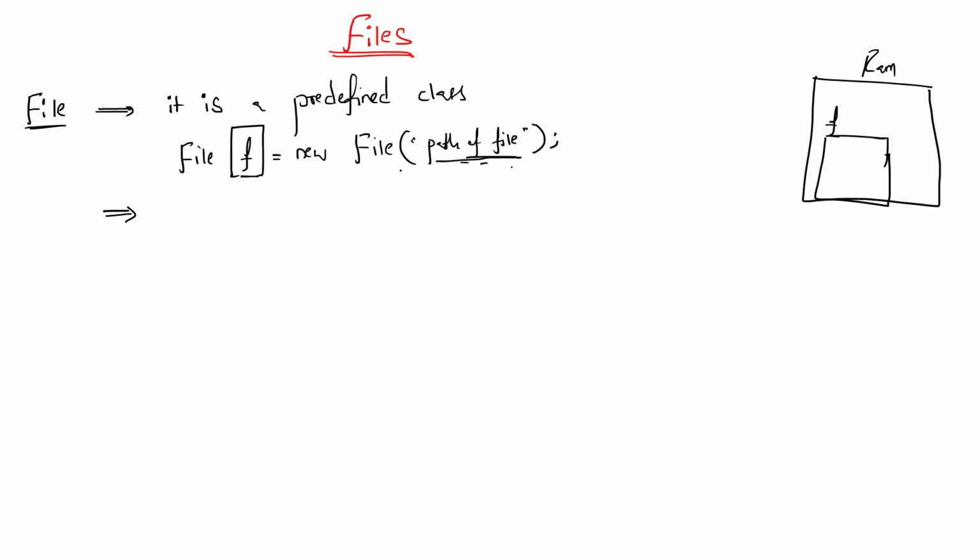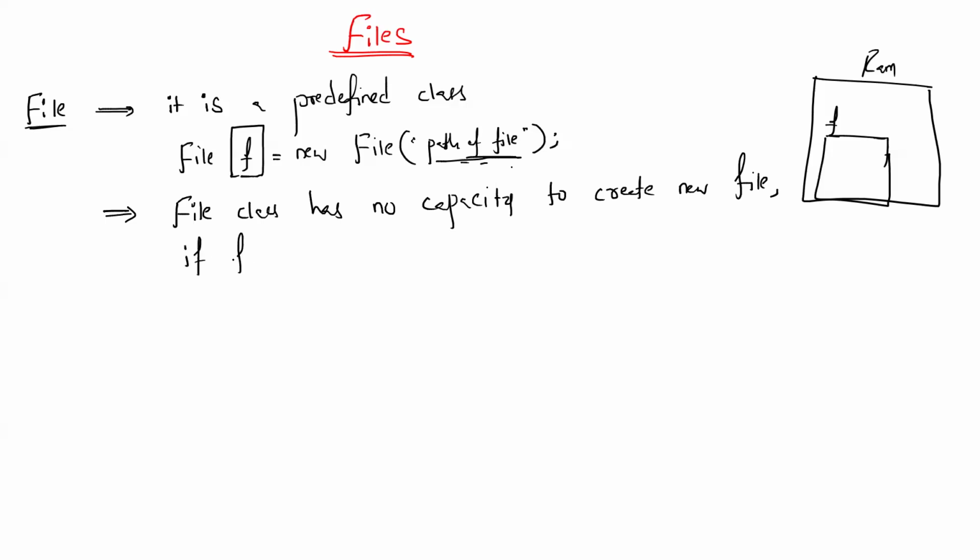It will just blindly point to it. The File class has no capacity to create a new file if the file doesn't exist.